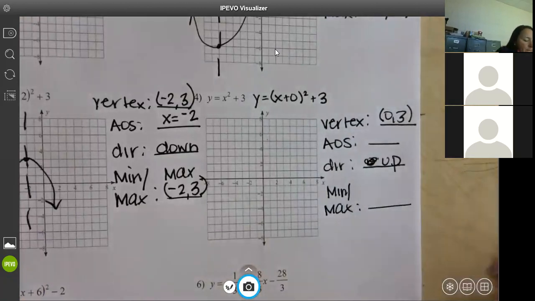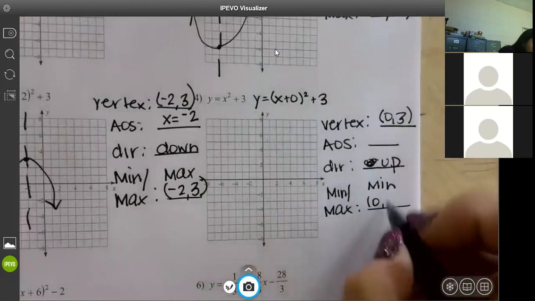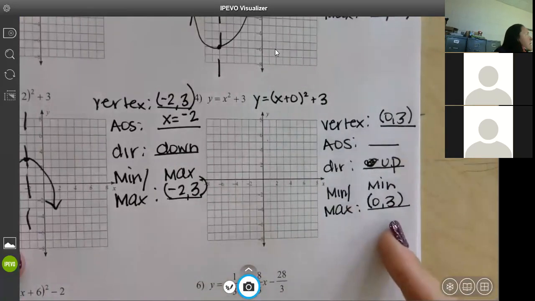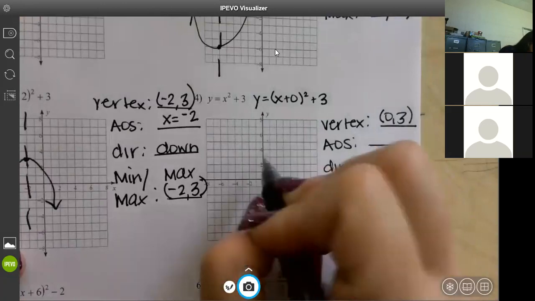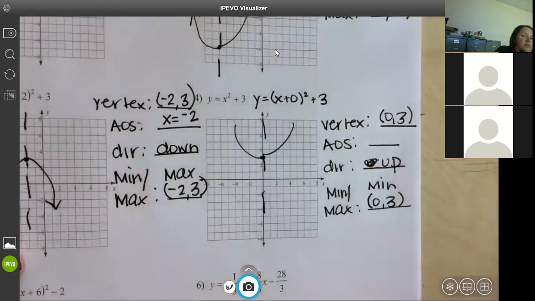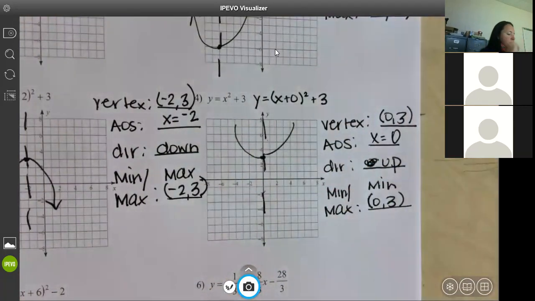If it opens up, a min. And where's that minimum at? Your vertex, right? Everybody good? So 0, 3 opens up. Where's your axis of symmetry? X equals 0.